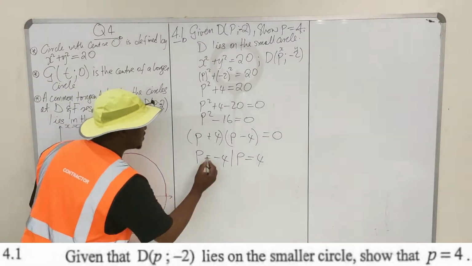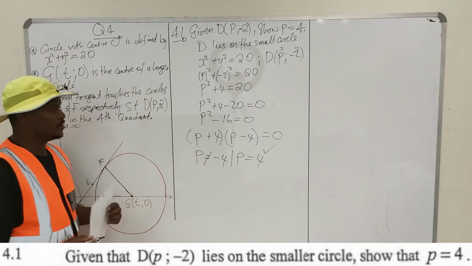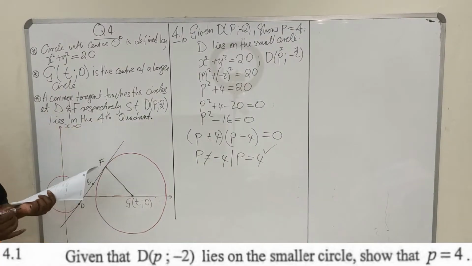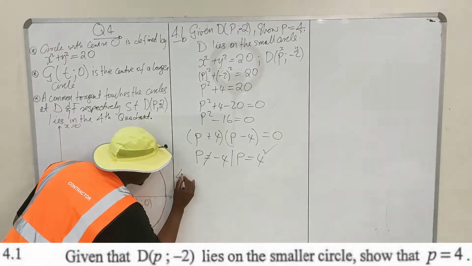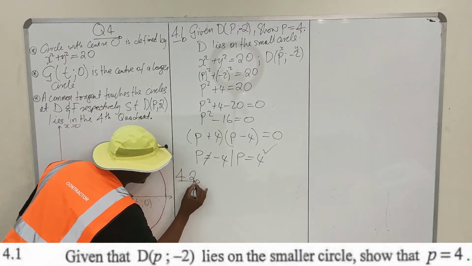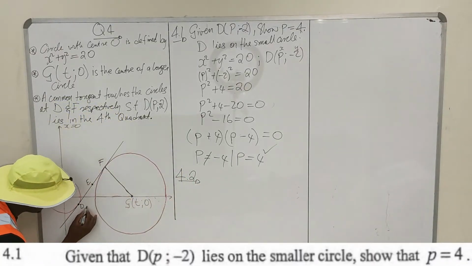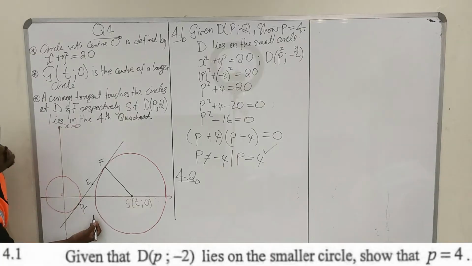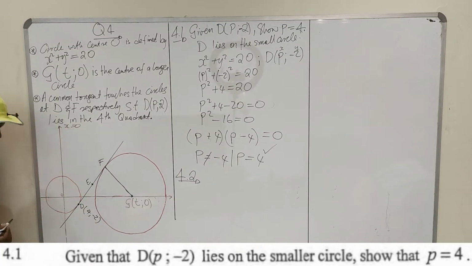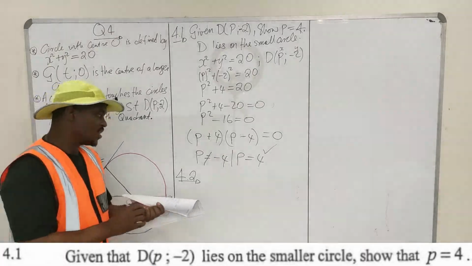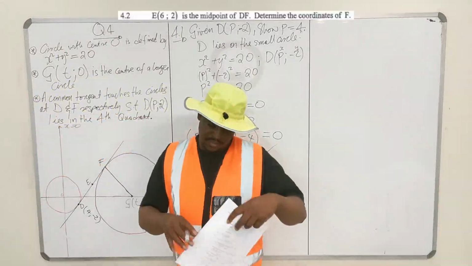So you can't take this one; it should be this one. So you have shown that p is equal to 4. We're done with 4.1. So we have the coordinates of D to be (4, -2). Done. Let's move to 4.2.